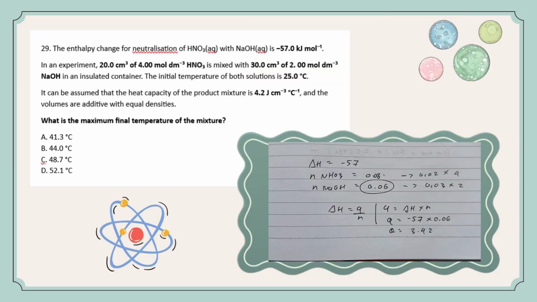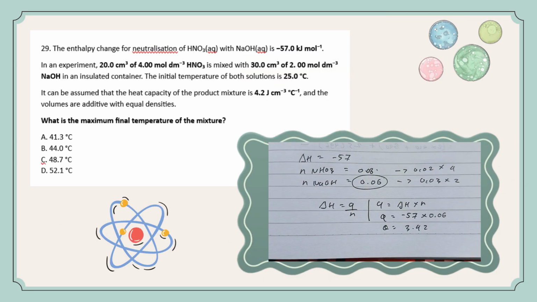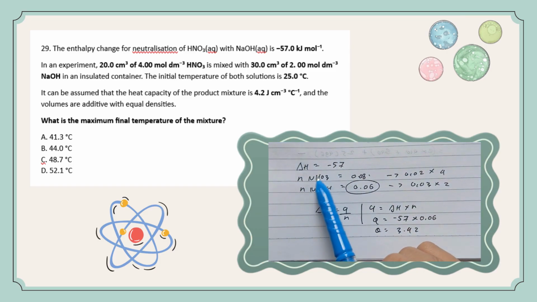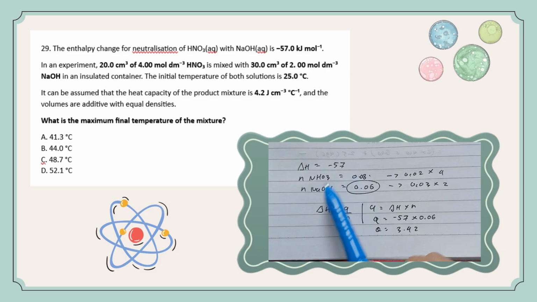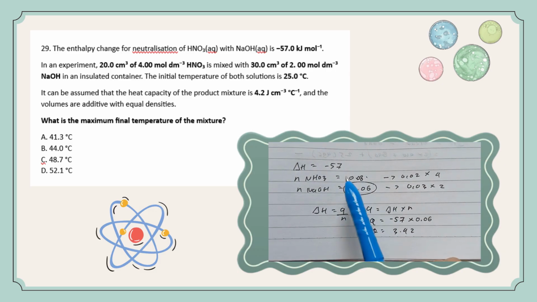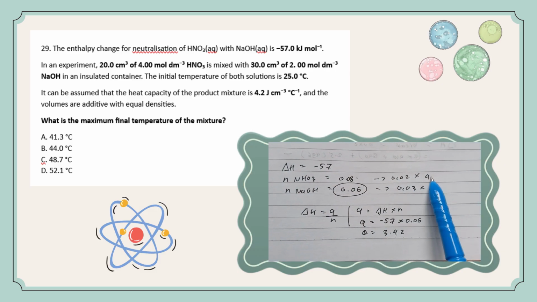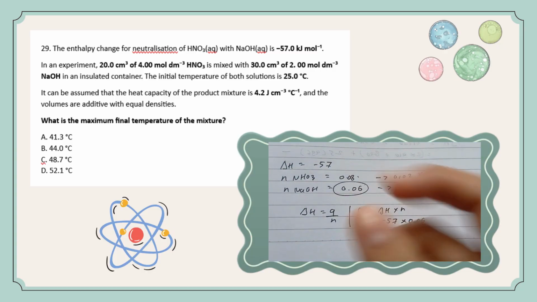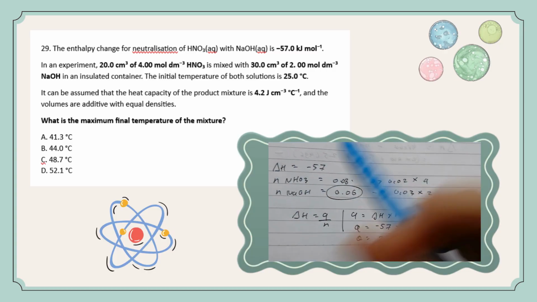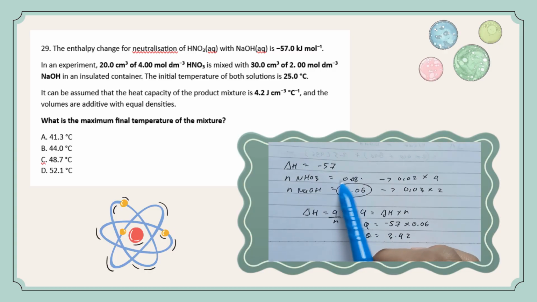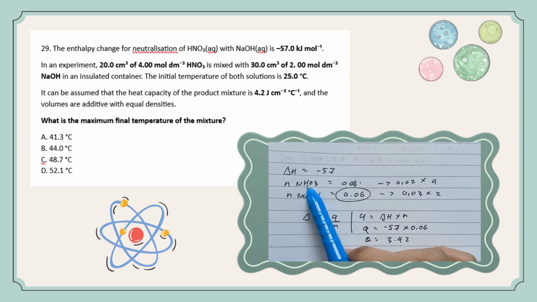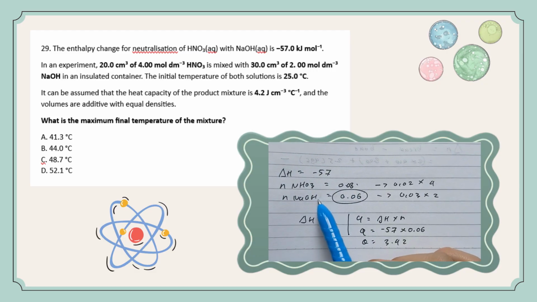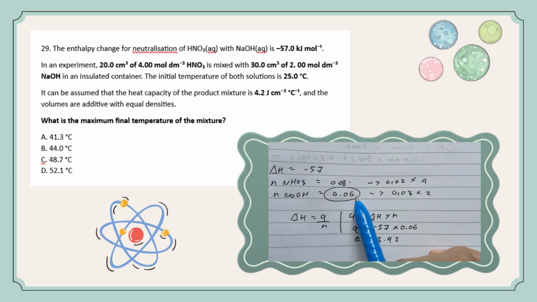Okay. Next, let's go to question number 29. From the question, we know the enthalpy change is minus 57, and we know the molarity and also the volume. Because we know that, we search for the moles. Moles of NaOH equals 0.08 and moles of the other reagent equals 0.06.